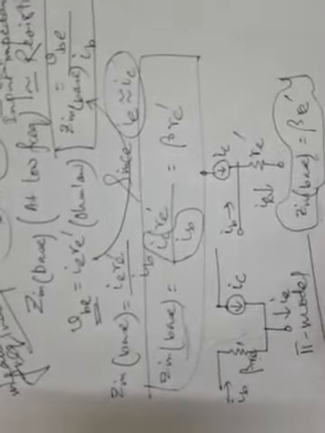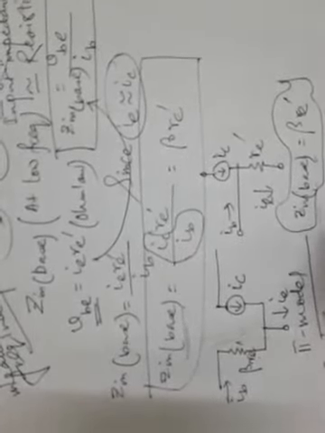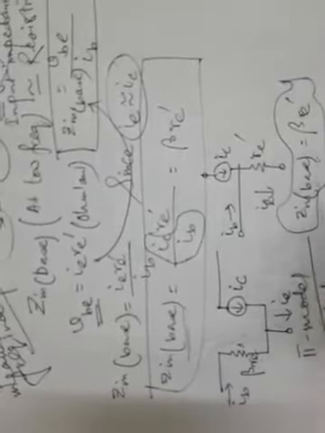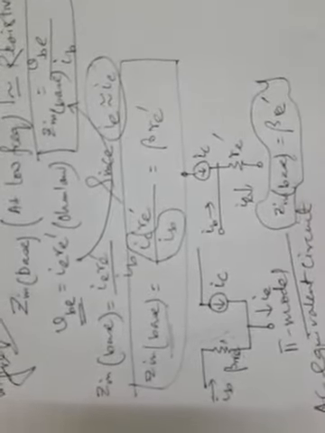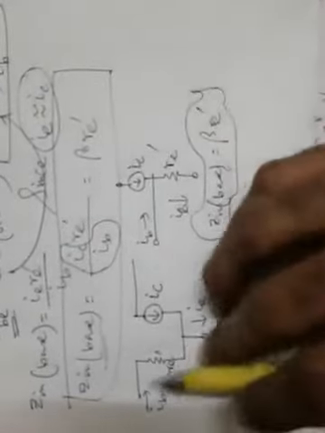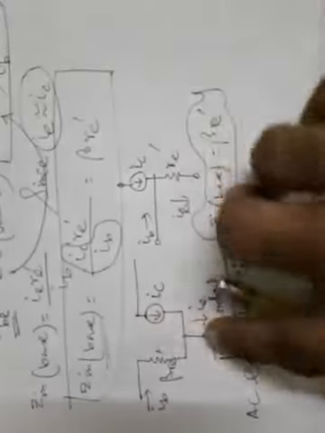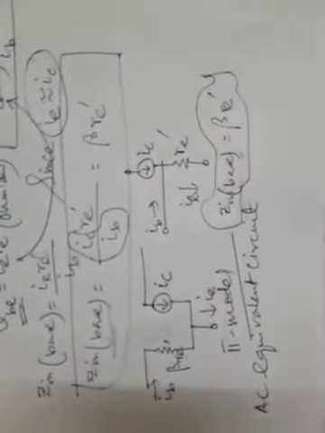So this is the pi model AC equivalent circuit of a transistor amplifier, especially in common emitter mode, because in common emitter mode you know that between base and emitter the input circuit is considered, and between the collector and emitter the output circuit is considered.